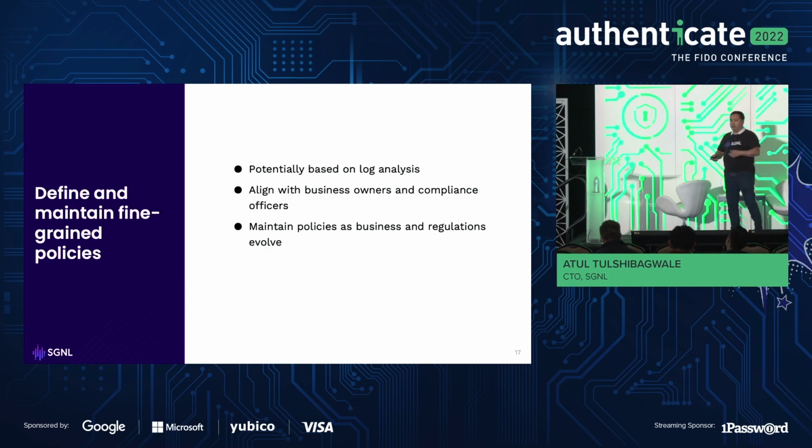And then, based on the log analysis, you can actually come up with the authorization policies because you can identify the nodes in the graph that are always being used to access those applications. And you can derive a policy from that log analysis to say, oh, okay, these are the nodes that define my particular policy. And then you align that with your business owners and compliance officers, and maintain these policies again as the business evolves.